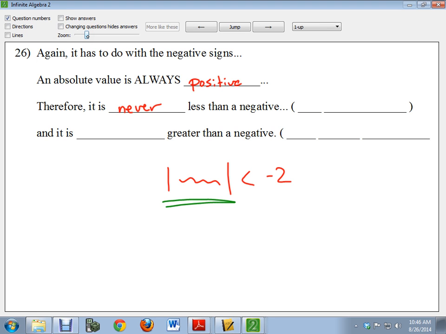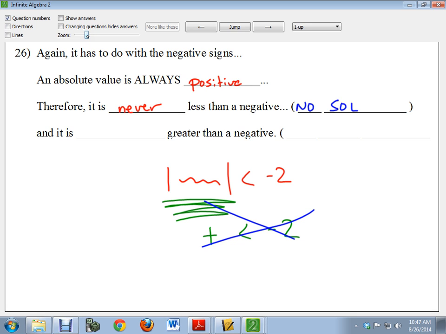Well, this is going to be a positive number. I don't care what positive number it is, but it's going to be a positive. And a positive less than a negative doesn't make sense. That can't happen. So this is an example of no solution whenever we talk about absolute value inequalities.